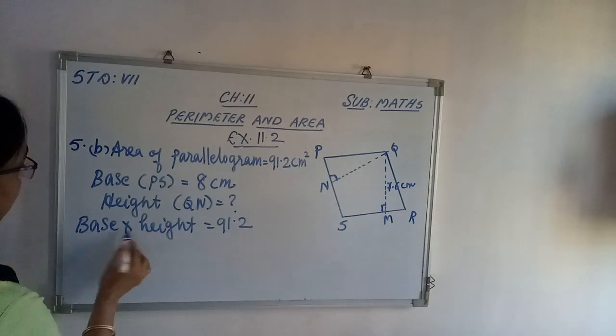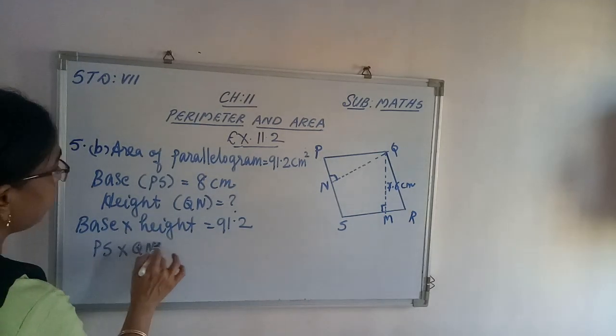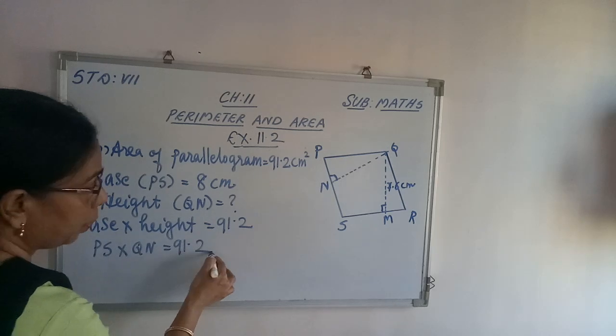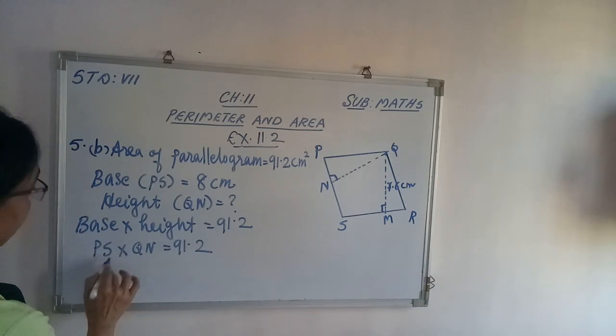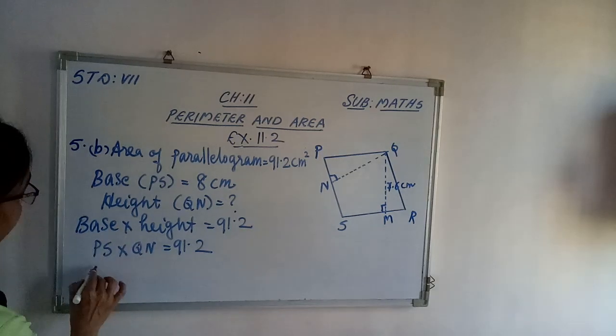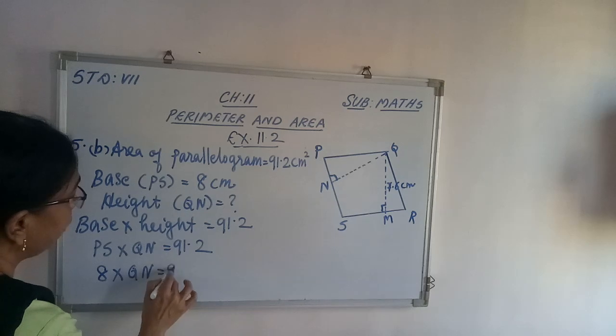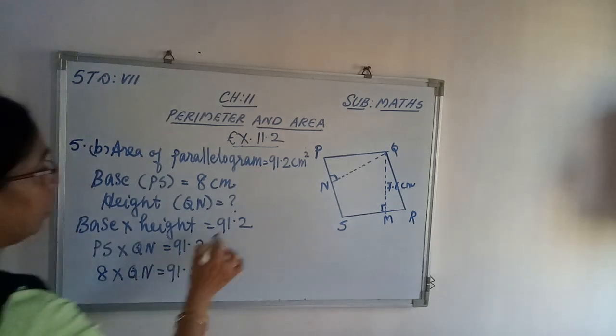That is PS multiplied by QN is equal to 91.2. Substitute the value: 8 multiplied by QN is equal to 91.2.